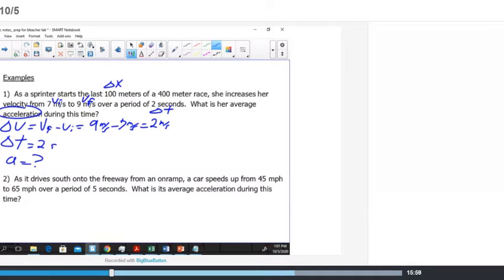So now we're ready to plug it in. We've got everything identified. Let's plug them in. Two over two is going to give us 1 meters per second over seconds.